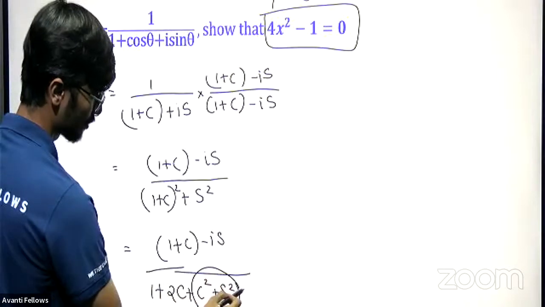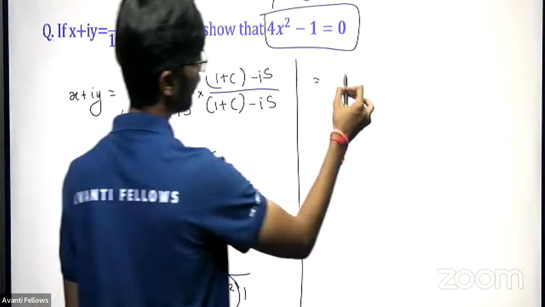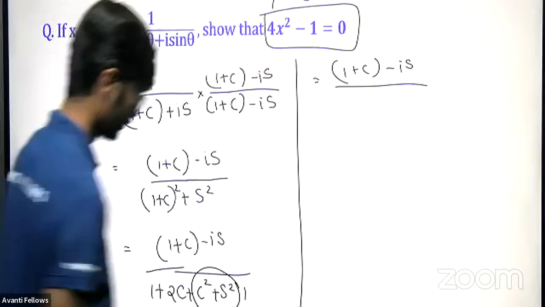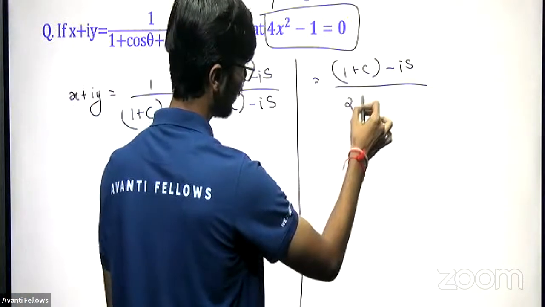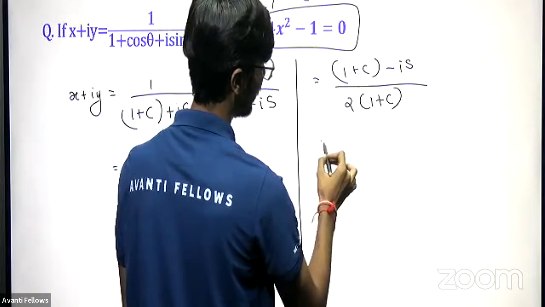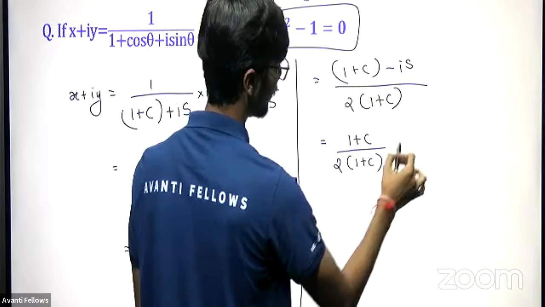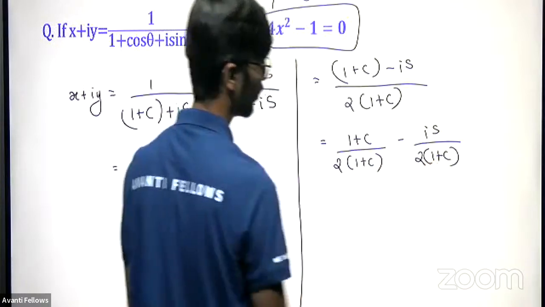Cos square plus sin square is 1. So I'll get 1 plus cos minus i sin upon 1 plus 1, which is 2, so I can take 2 common into 1 plus cos. Now I split it: 1 plus cos upon 2 into 1 plus cos, minus i sin upon 2 into 1 plus cos.